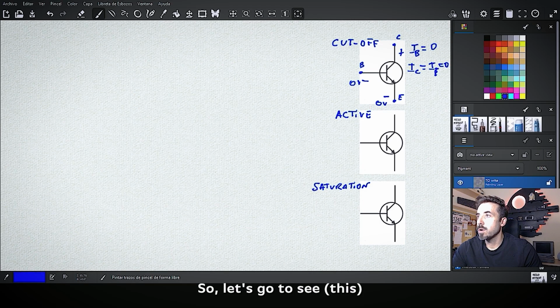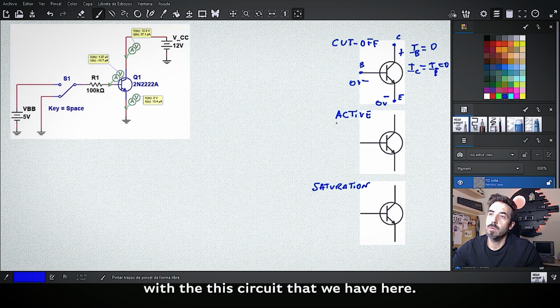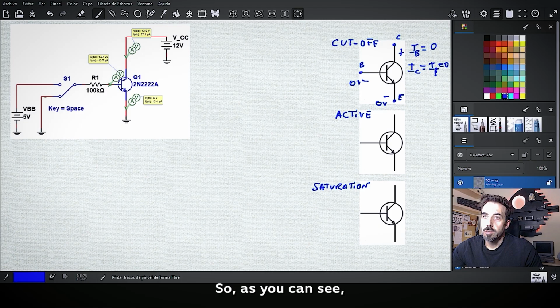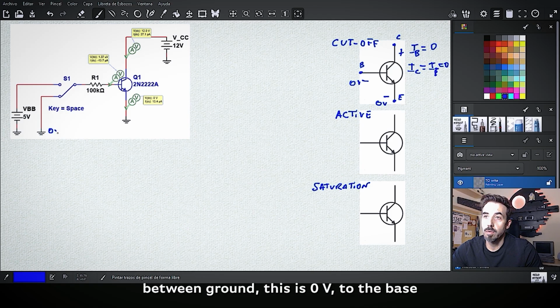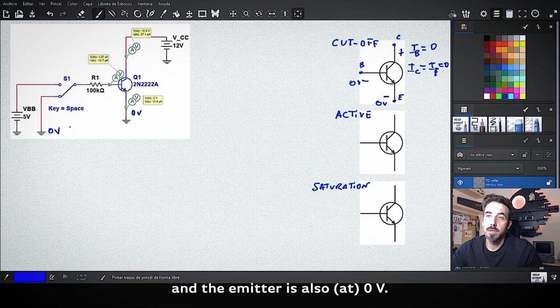All right, so let's see an example of this case with this circuit that we have here. As you can see, you have here a switch, you have a connection from ground, this is 0 volt, to the base, and the emitter is also 0 volt.